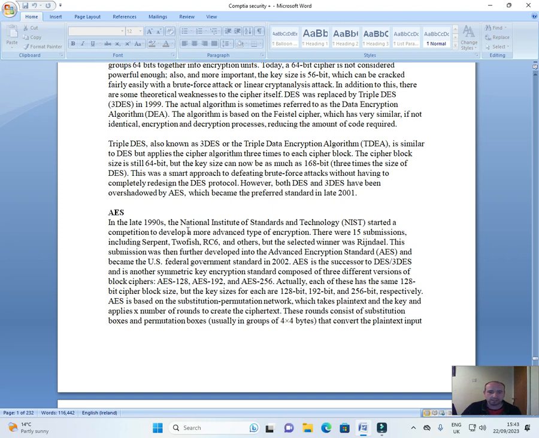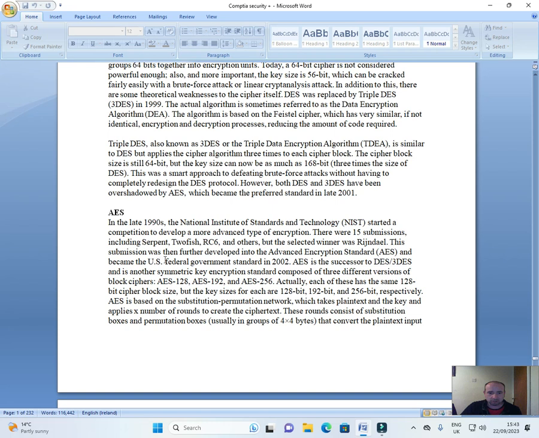AES. In the late 1990s, the National Institute of Standards and Technology, NIST, started a competition to develop a more advanced type of encryption. There were 15 submissions, including Serpent, Twofish, RC6 and others, but the selected winner was Rijndael.